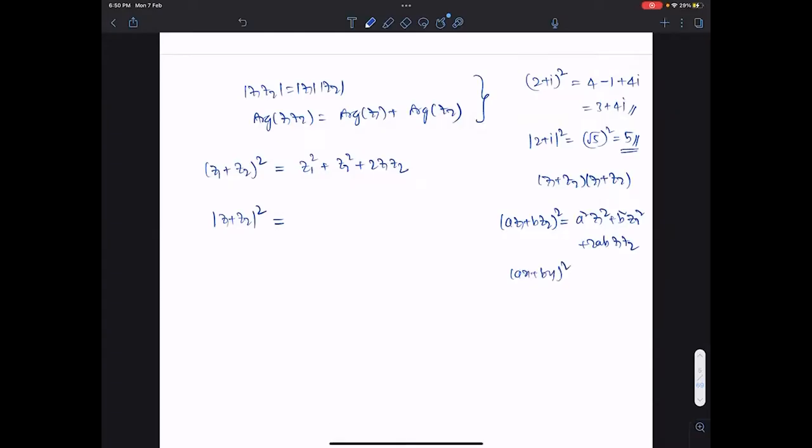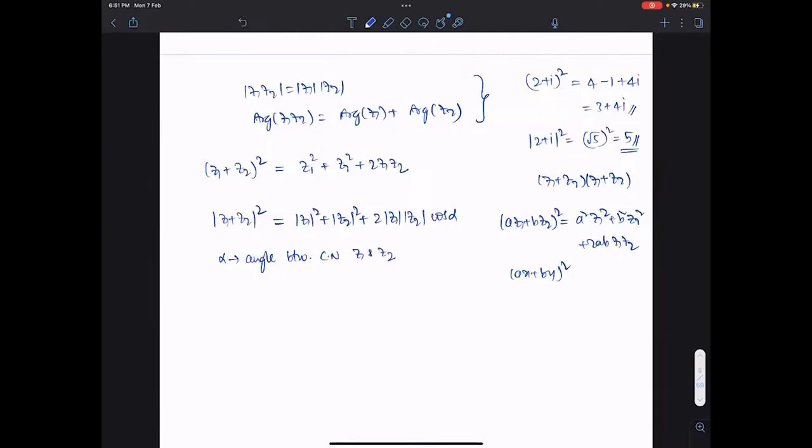When modulus is involved, the formula will be mod z1 square plus mod z2 square plus 2 times mod z1 into mod z2 into cos alpha. What is alpha? Alpha is the angle between the complex numbers z1 and z2.